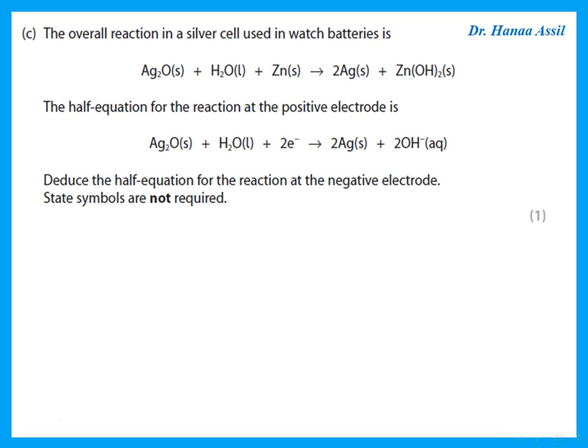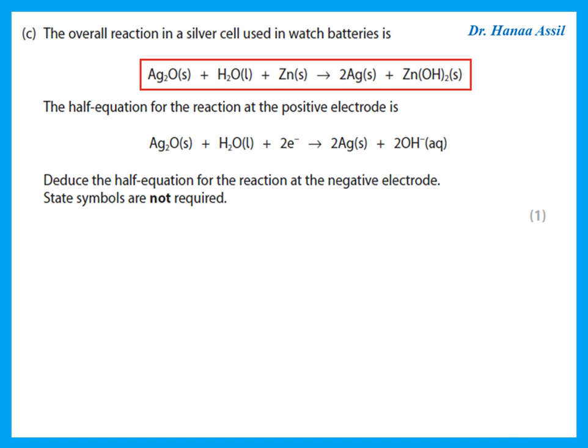So I have already used up the silver oxide and the water, so I will need the zinc going to zinc hydroxide, and that means zinc with the hydroxide ions will give zinc hydroxide. And of course, when the zinc changes to zinc 2 plus, that means it lost 2 electrons. So this is the half equation at the negative electrode.